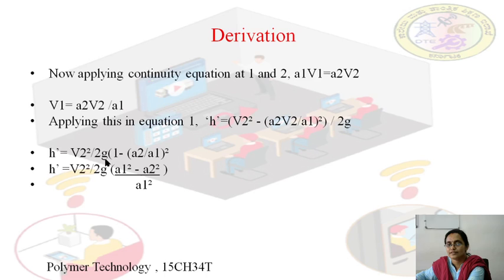Now H equal to V2 squared by 2g, taking common outside, 1 minus A2 by A1 squared. This can be written as V2 squared by 2g times A1 squared minus A2 squared by A1 squared. That is, V2 squared equal to A1 squared into 2gH all divided by A1 squared minus A2 squared.